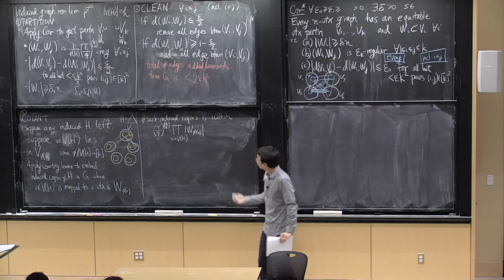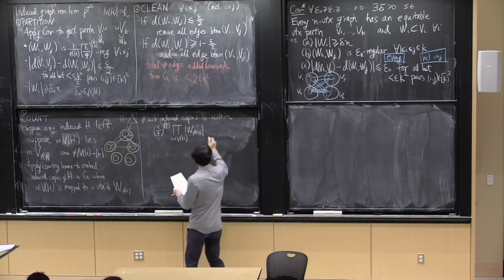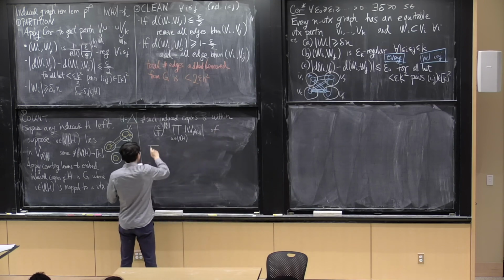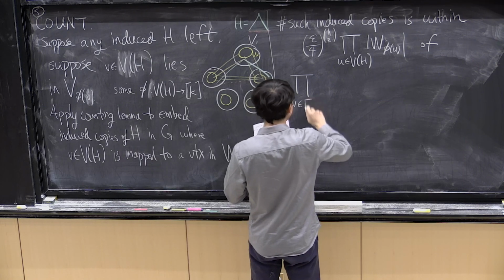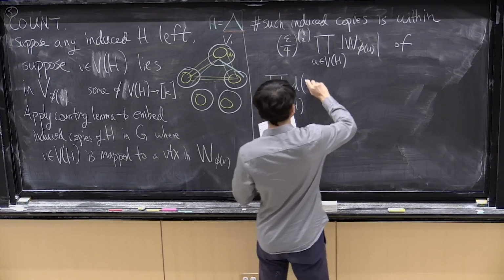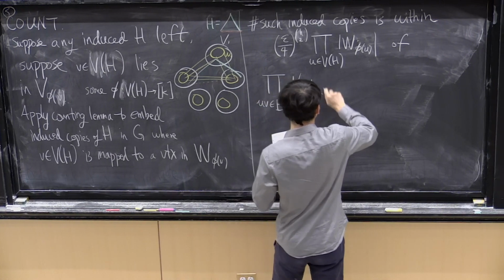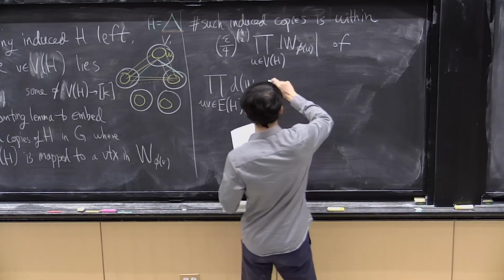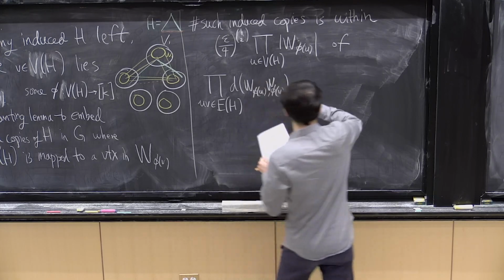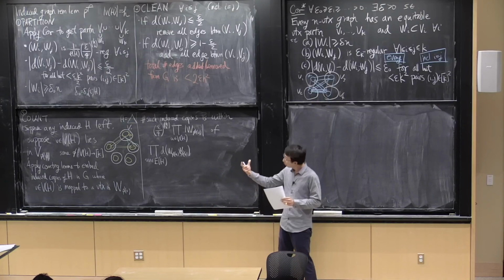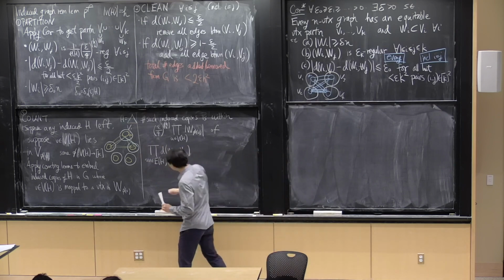So it's within this error of what you would suspect if you naively multiply the edge densities together along with the vertex densities. So these factors are for the edges that you want to embed.